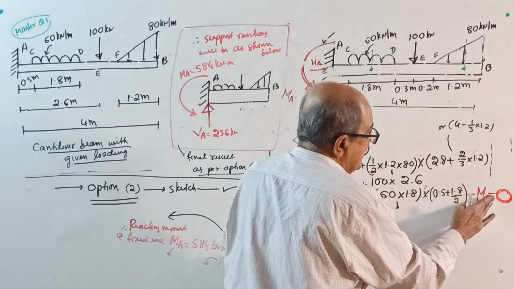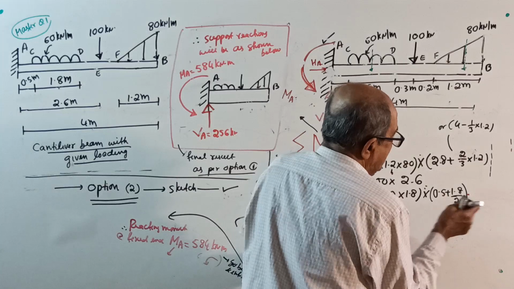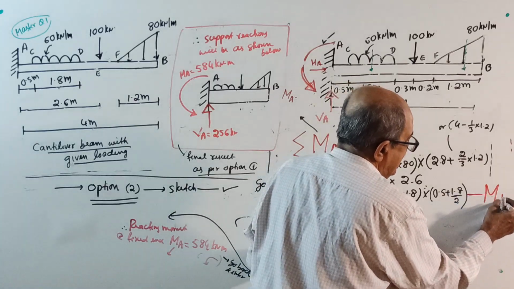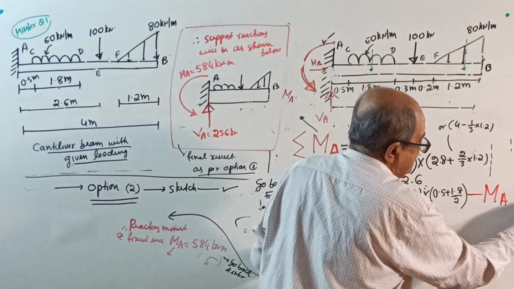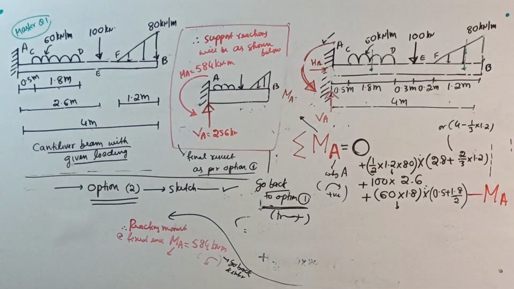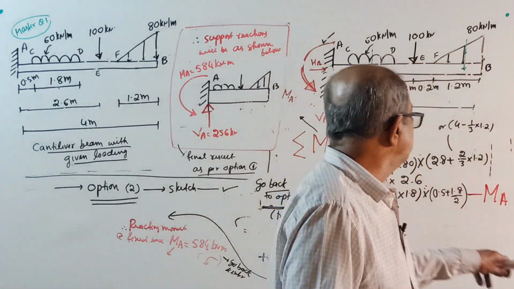By the time I wrote minus MA there, I wrote 0 there. See what happened: the camera, I think, was not visible for you. Same thing happened there. I did not observe it and I stopped.